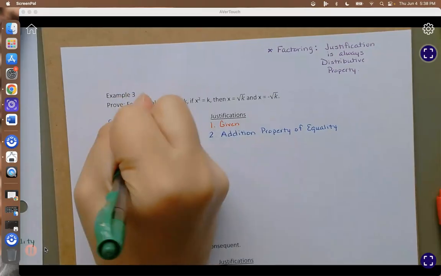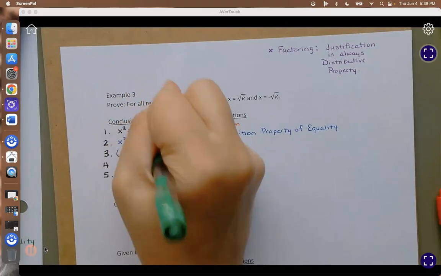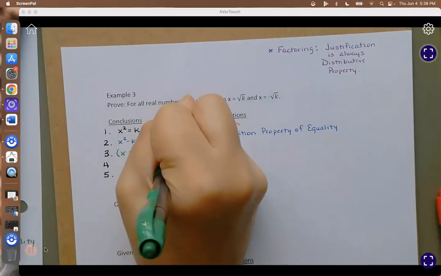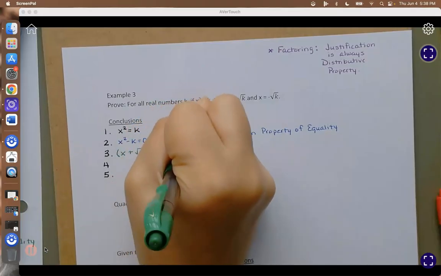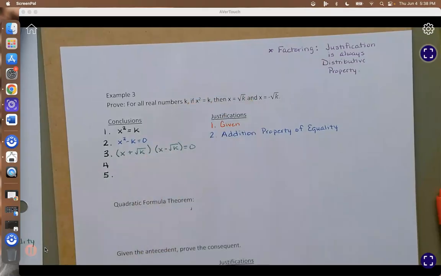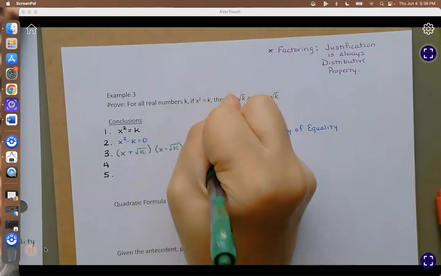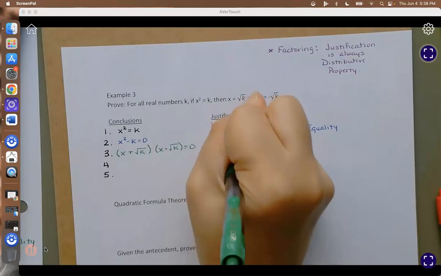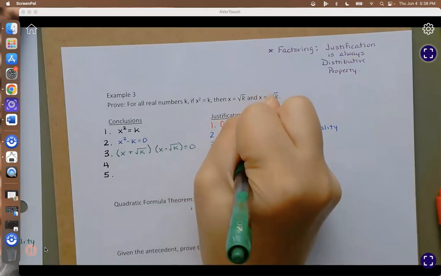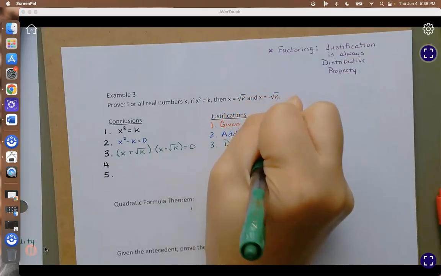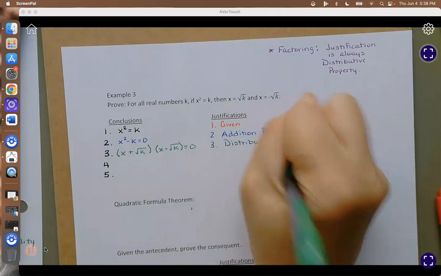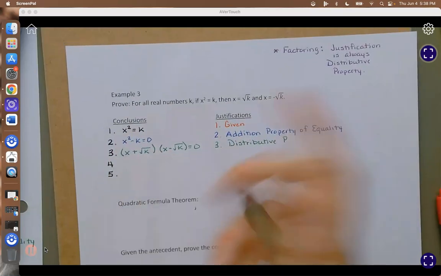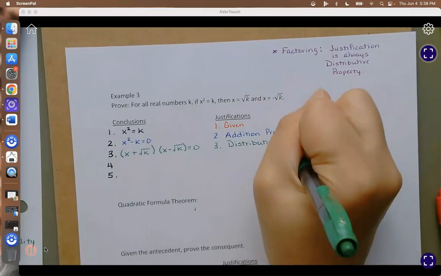Okay? One gets a plus, one gets a minus. Okay? And that's going to be called distributive property because we factored there. Because if you do distributive property here, it gives you that. That's why you're allowed to call it distributive property.